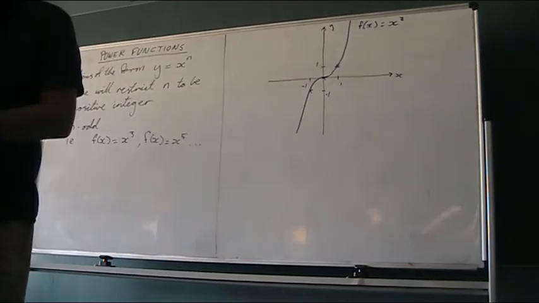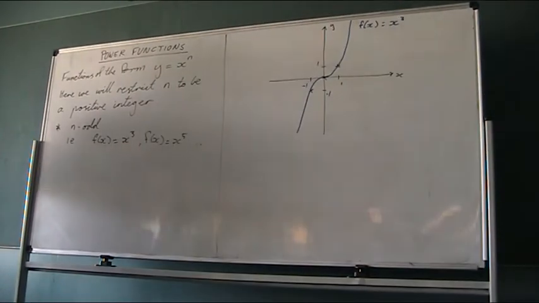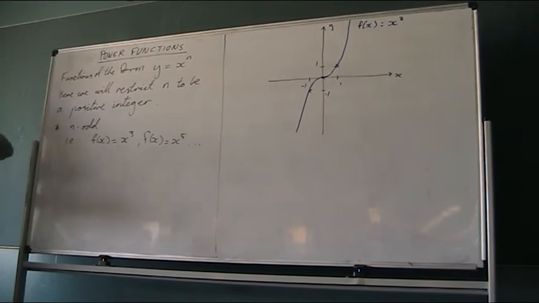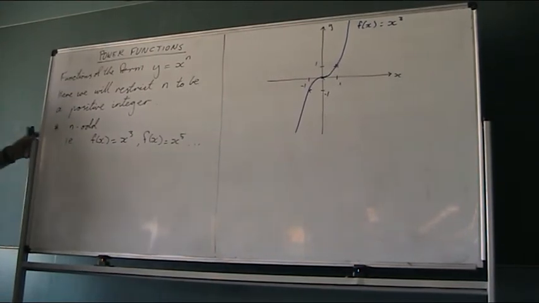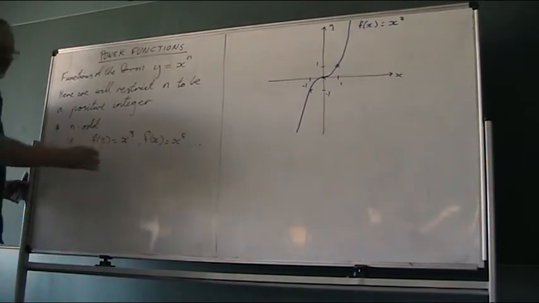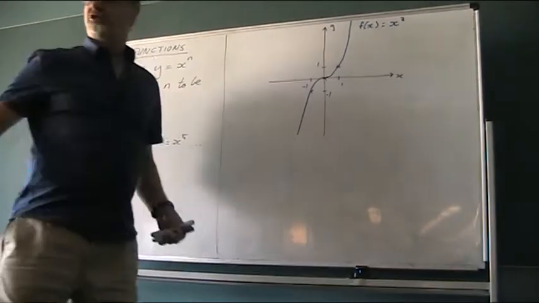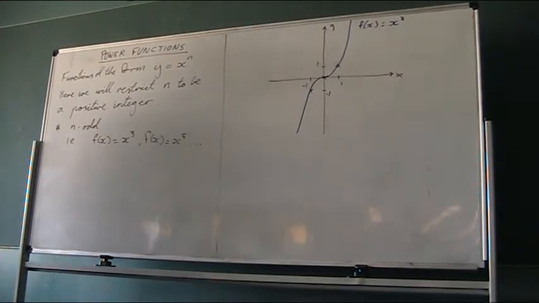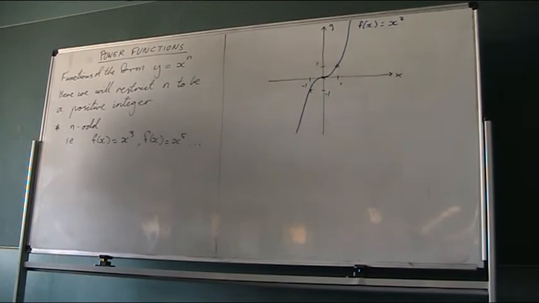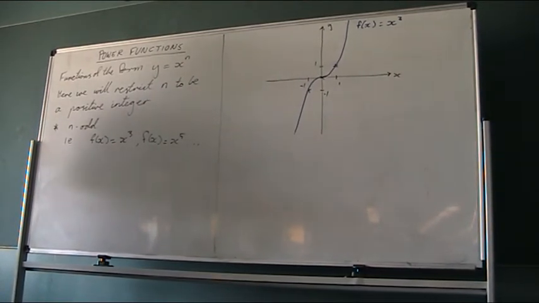Now, what about x to the 5? What things might be the same about x to the 5 as for x to the power of 3? Same shape, or very similar, yep. What else?